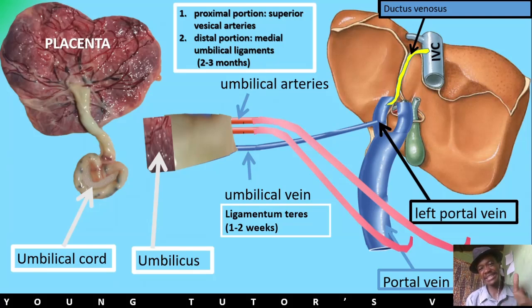detoxify that blood, because the blood that is reaching the liver or the portal circulation is supposed to undergo detoxification so that harmful substances, toxins like ammonia, can be filtered out by the liver before blood goes into the systemic circulation. So when the ductus venosus remains open, it is going to be abnormally shunting or diverting blood before it is processed in the liver.